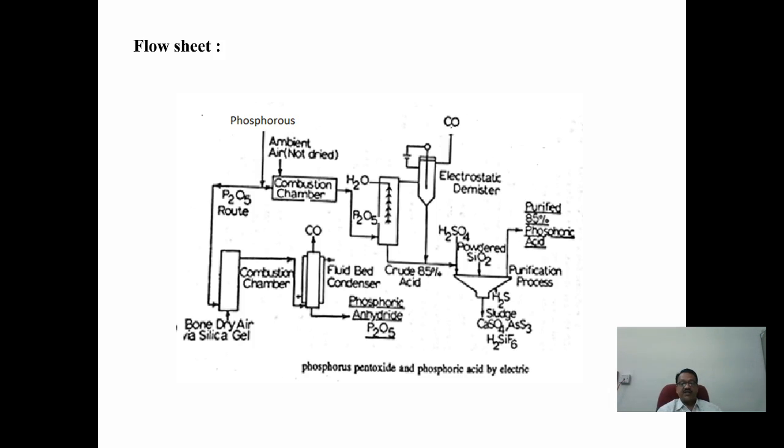All these impurities, that is calcium sulfate, arsenic sulfide, and silicon hydrogen fluoride, settle as sludge at the bottom. The purified acid is taken out as a top product and can be further utilized.